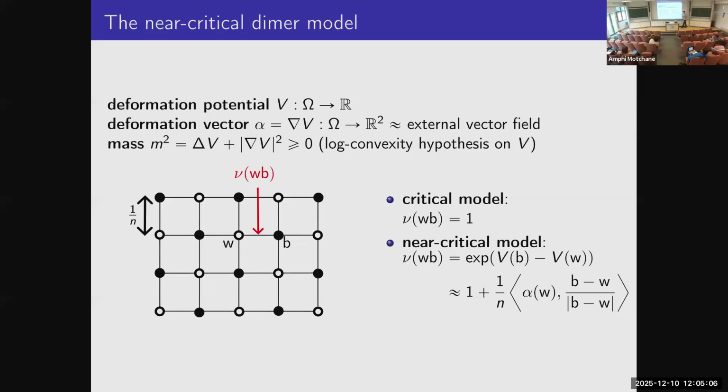N is the mesh of the lattice, the size of the lattice, so you have n sides. So you have a deformation which goes to 0 with the number of sides.